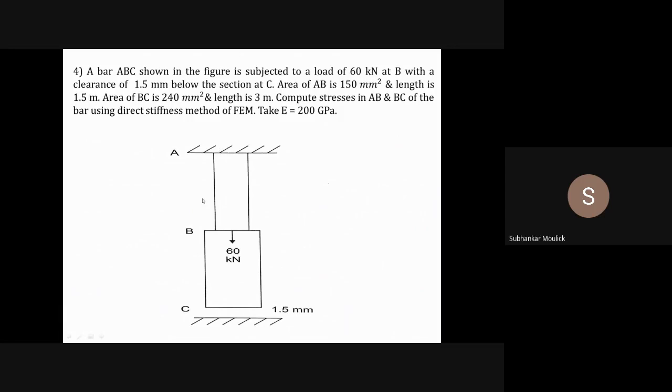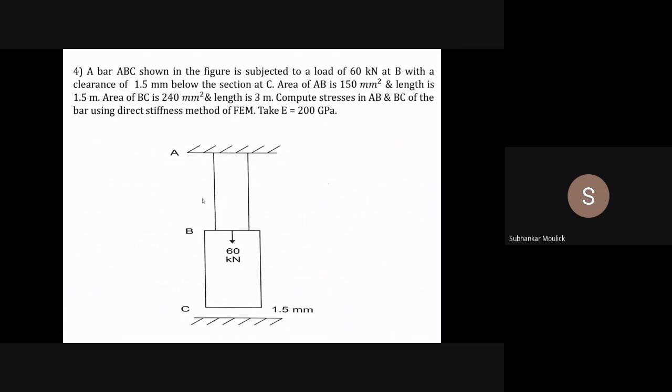Such types of problems are there in the book which I have given you in the Google Classroom. So just practice it. It is not possible for me to solve each and every problem, but what I am doing is showing you each and every variety. I pick one problem and show you the different variety.